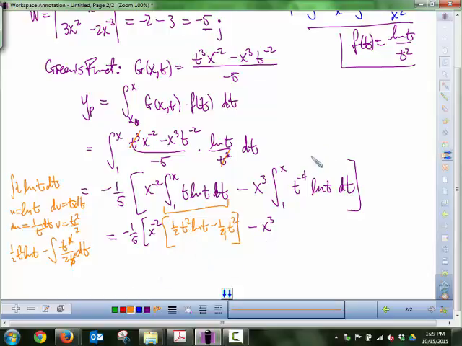The second integral is going to require the same set of things that we just did. So we're going to let u equal ln t again, and dv is equal to t to the negative 4. And du is going to be 1 over t dt. And then the antiderivative of this, I would need to add 1 to the power, so that's t to the negative 3, divided by that same thing, negative 3.